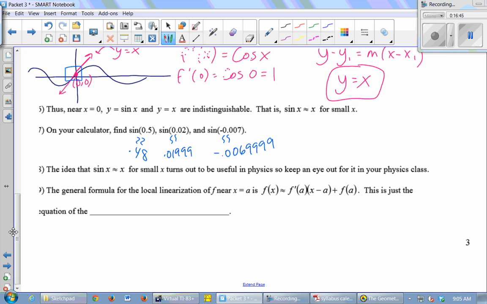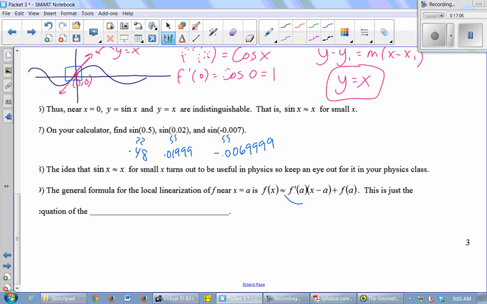So the general form for the tangent line is called the local linearization sometimes. The local linearization of f near a point x equals a is this formula. And it just says that you can approximate f of x by using the equation of the tangent line.